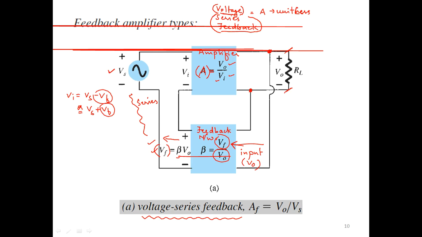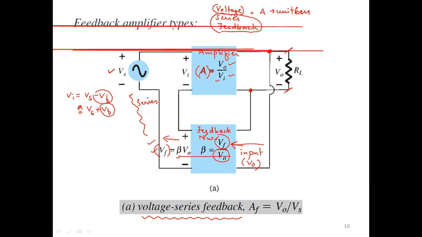I hope this explanation is clear. The first term is associated with respect to the output side: we are extracting the voltage and giving it as input to our feedback network. Then the second term: the voltage obtained, Vf, is fed along with the original input signal in series.